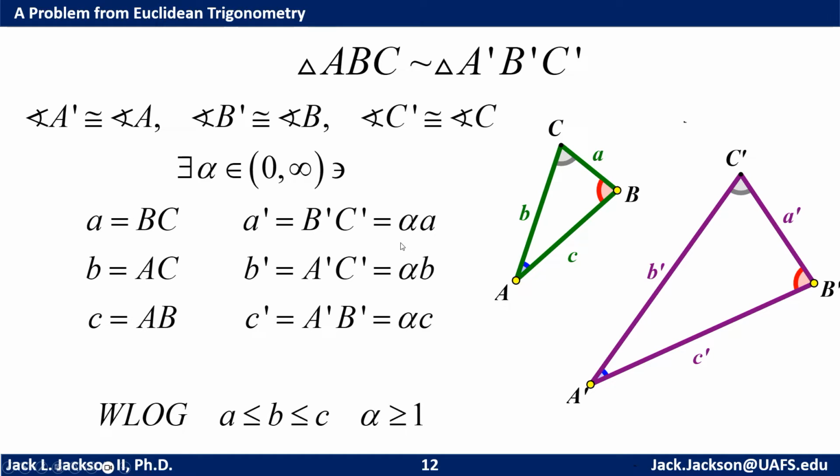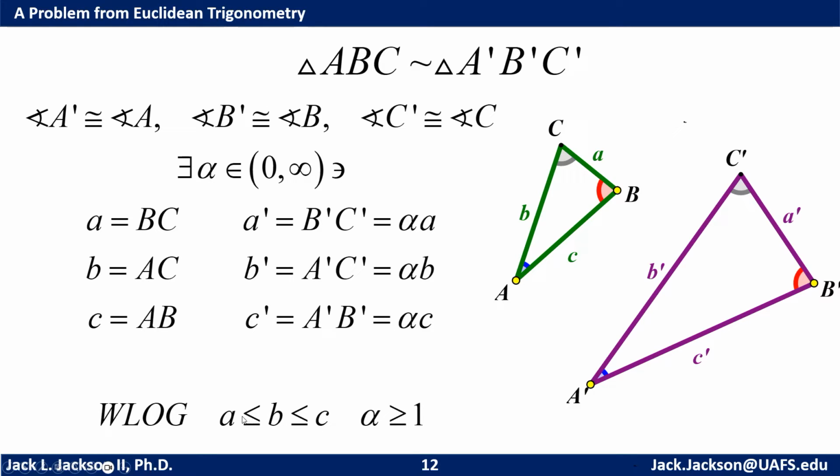Since it's similar, we know there is some positive constant alpha so that a prime is alpha times a, b prime is alpha times b, and c prime is alpha times c.